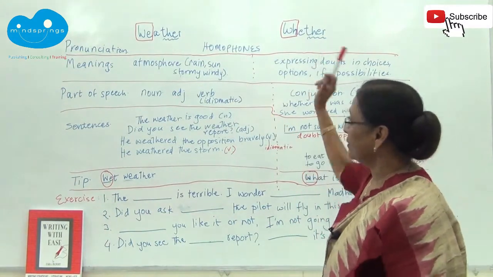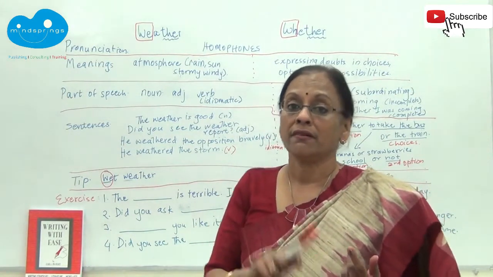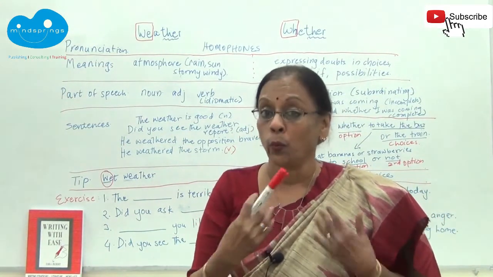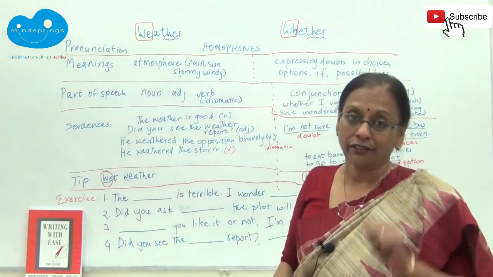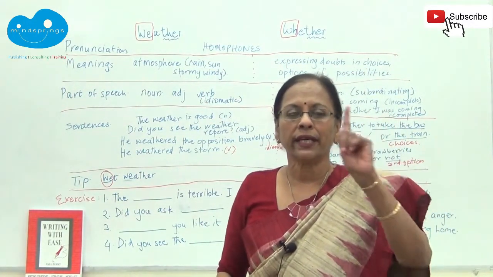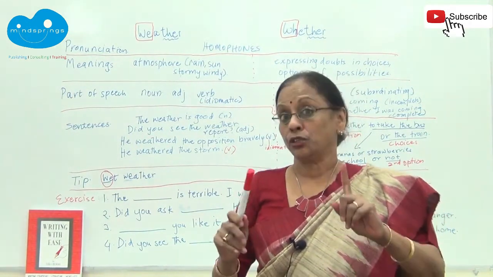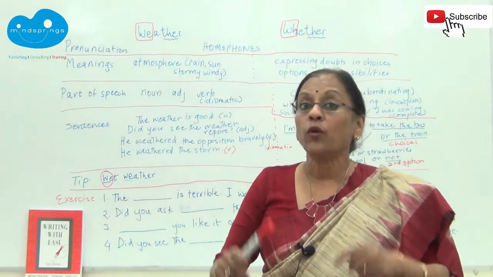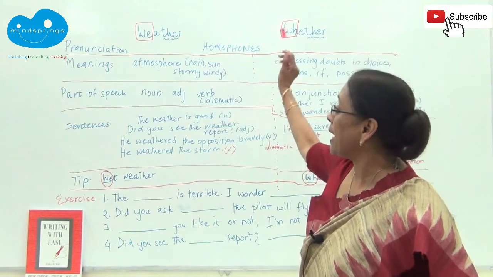But the second letter is different. So that's why I put a square. So you remember weather of we, W-E, and whether, WH, that's the difference. If you remember the WE and WH, then at least you can tell the difference. But now we'll see what the difference is so that it makes more sense.